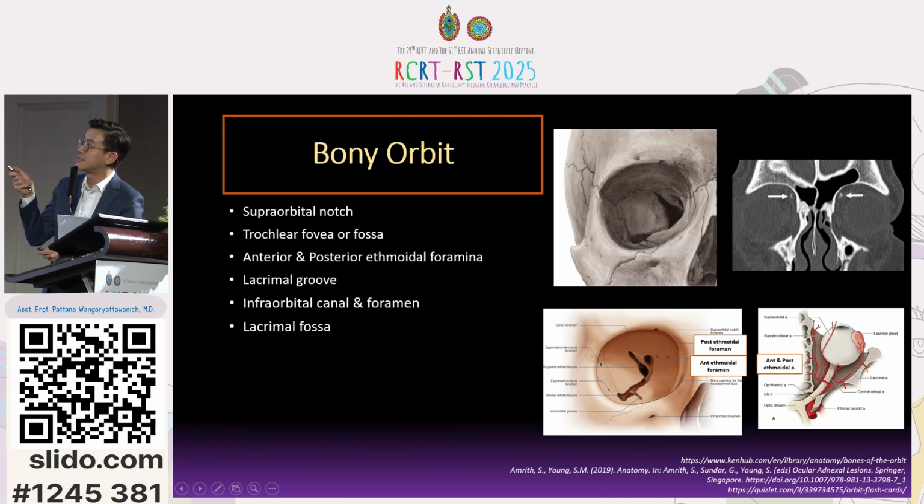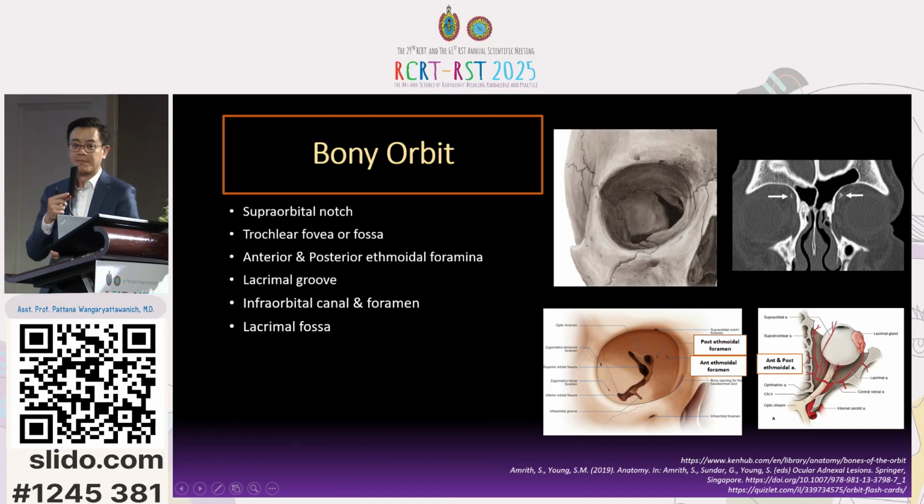There is a tiny small depression at the superomedial orbit. And oftentimes, you will see physiologic calcification in that fibrocartilaginous structure. So it's very important to understand that we can see physiologic calcification in this area.